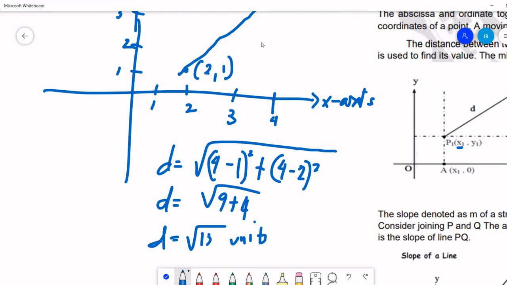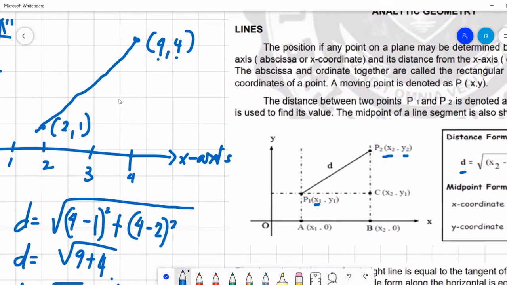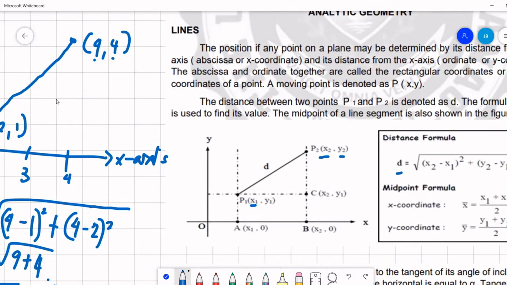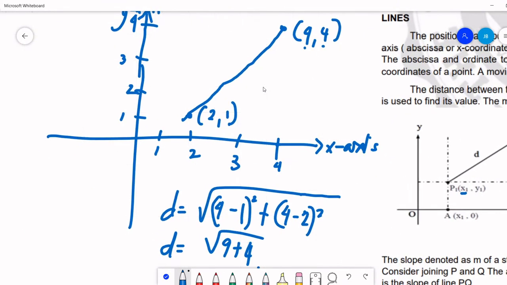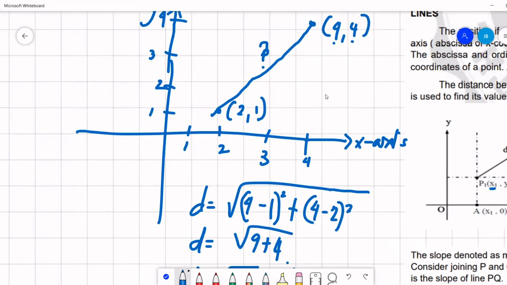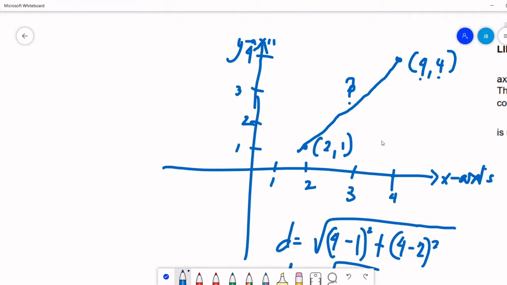Now, if you're asked to find the midpoint, it is just to find the midpoint coordinate of this point to this point, which is a line. So what do you think is this point? If you have a graphing paper, you can actually find the midpoint, but if you have something like this, it is not precise. So you can find the exact point for the midpoint.